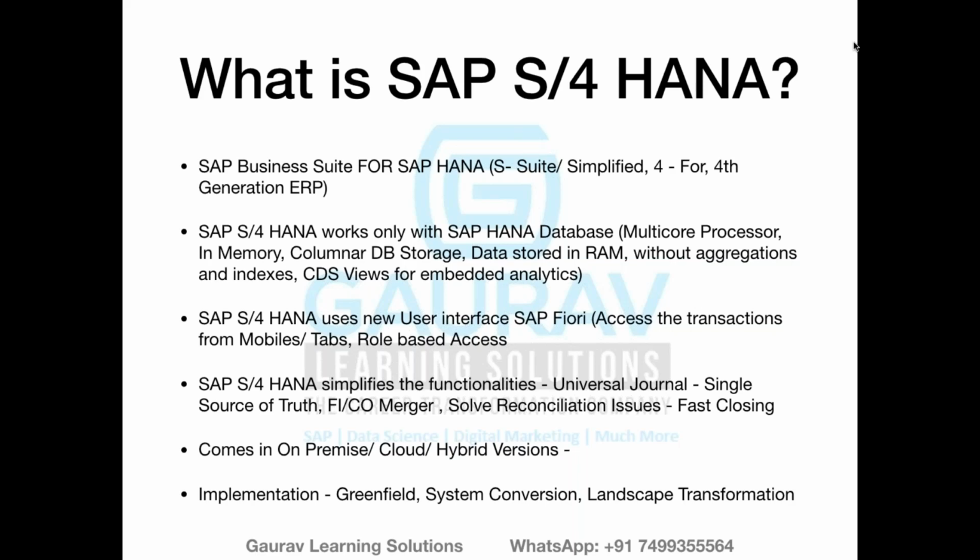And that is the reason the processing speed of doing the transactions in S4 HANA compared to SAP ECC system is high, because it is using the in-memory computing. In-memory computing itself means storing the data in the RAM instead of storing the data in the hard disk. That is nothing but in-memory.